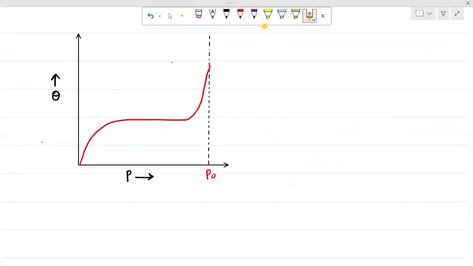So if you understand the trends, if you understand the x-axis, y-axis, the limit of saturation pressure, you can do it very easily. So you can write initially monolayer is completely formed.